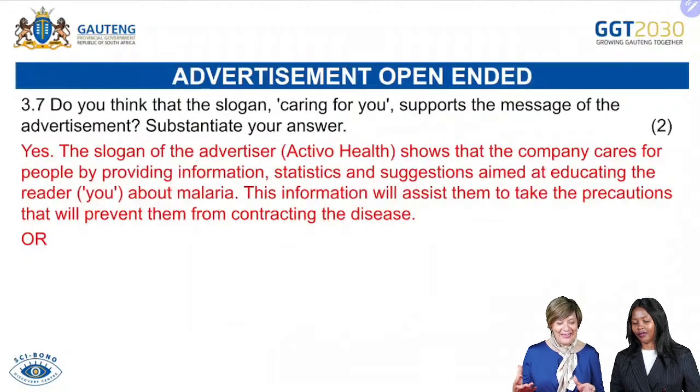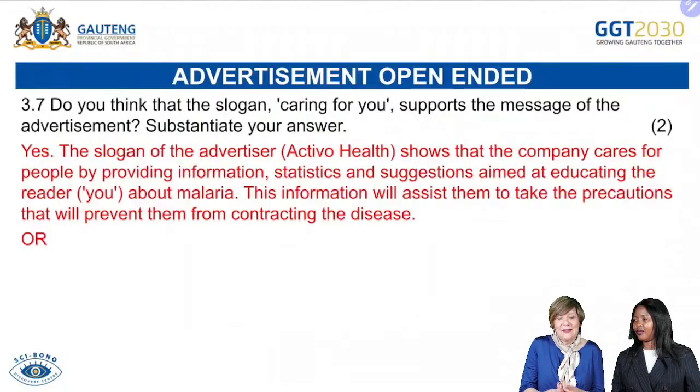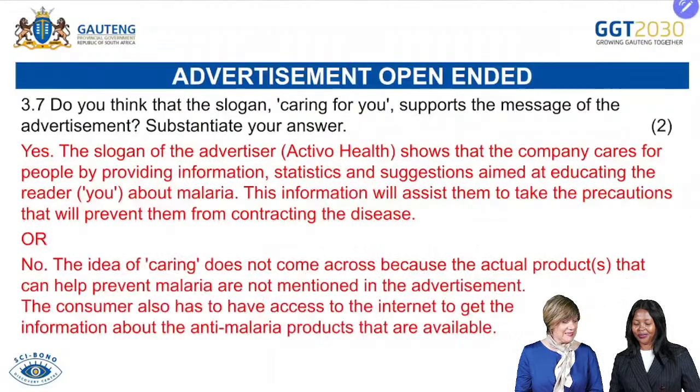Now, in this case, the advertiser who is Activio Health means really that they care for us. And that's why they've given us all this information, statistics, and how to educate us about malaria. And that will obviously help us to make sure that no mosquitoes take a bite out of us, make us a statistic.